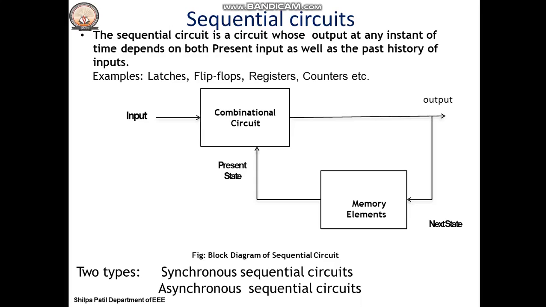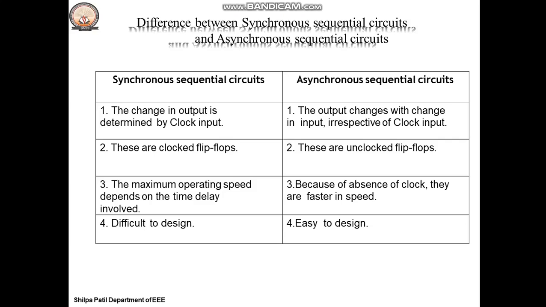Whereas in an asynchronous sequential circuit, the change in an output occurs whenever there is a change in an input, meaning it doesn't depend upon any clock pulse. So we will compare the synchronous and asynchronous sequential circuits.